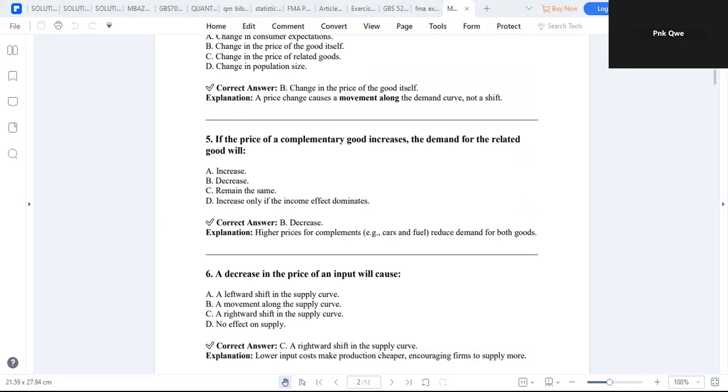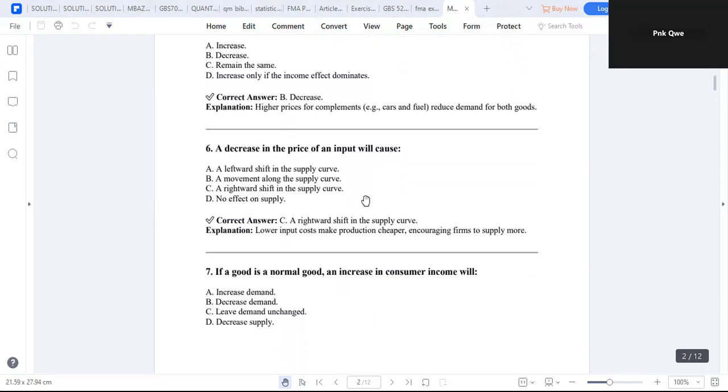If fuel prices go up, fewer people will buy cars, due to the higher total cost. So the principle here is that demand for a complementary good is negatively related to the price. If one goes up, the other will go down. That's the meaning of negatively related. So if the price of a complementary good increases, the demand for the related good will decrease. Answer is B.